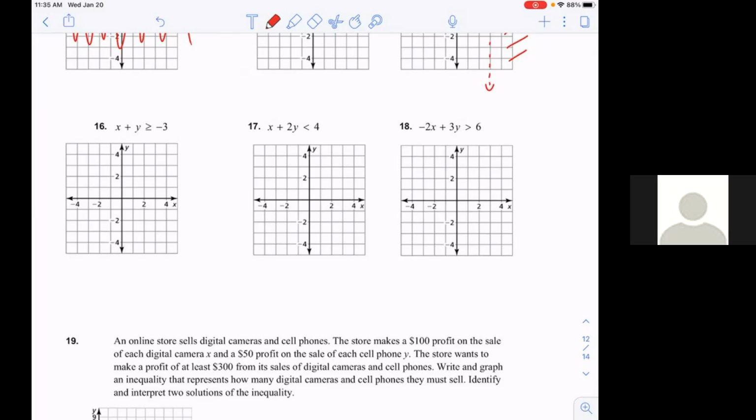Because either one is acceptable. Okay. All right, I'm going to shade it.